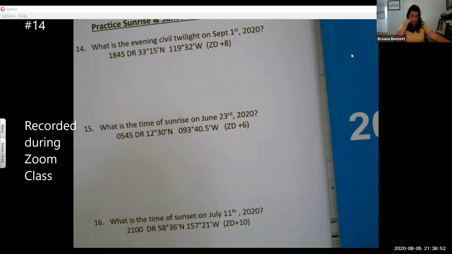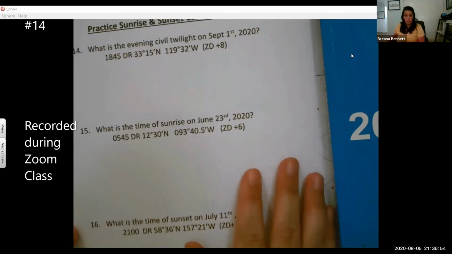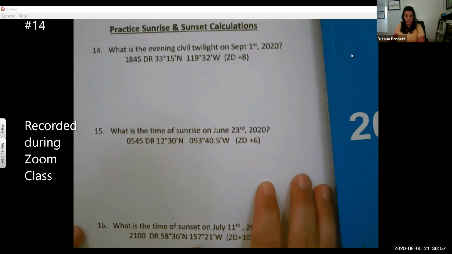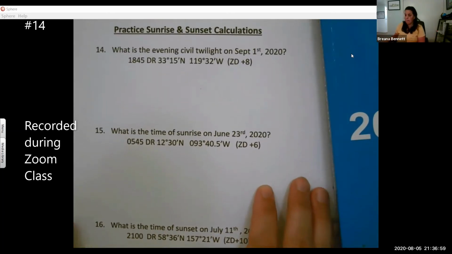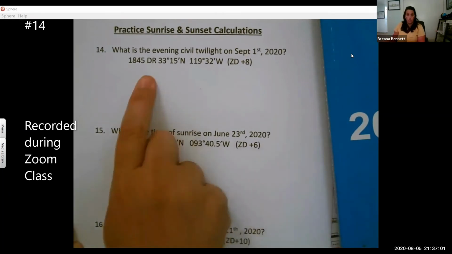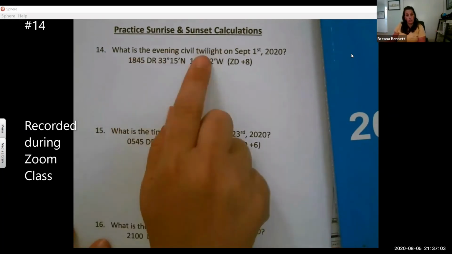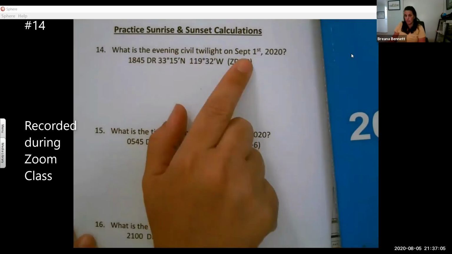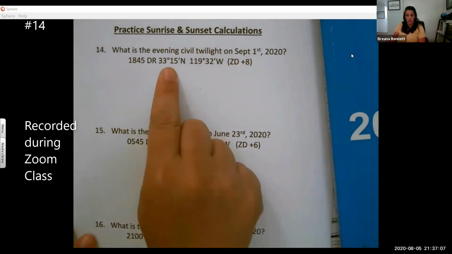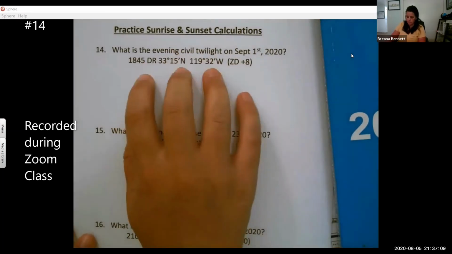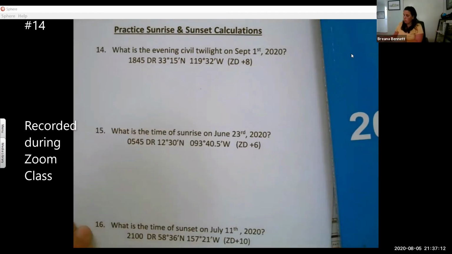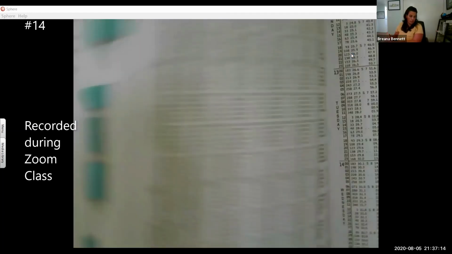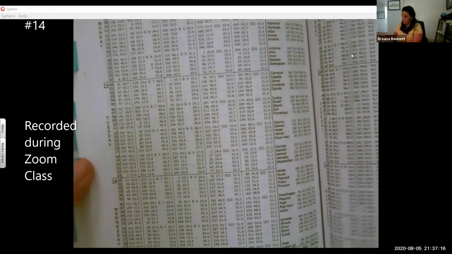Okay. So, practicing sunrise and sunset. Let's get this on the page here. What is our evening civil twilight on September 1st? And we have a DR. So we'll go to September 1st, excuse me.